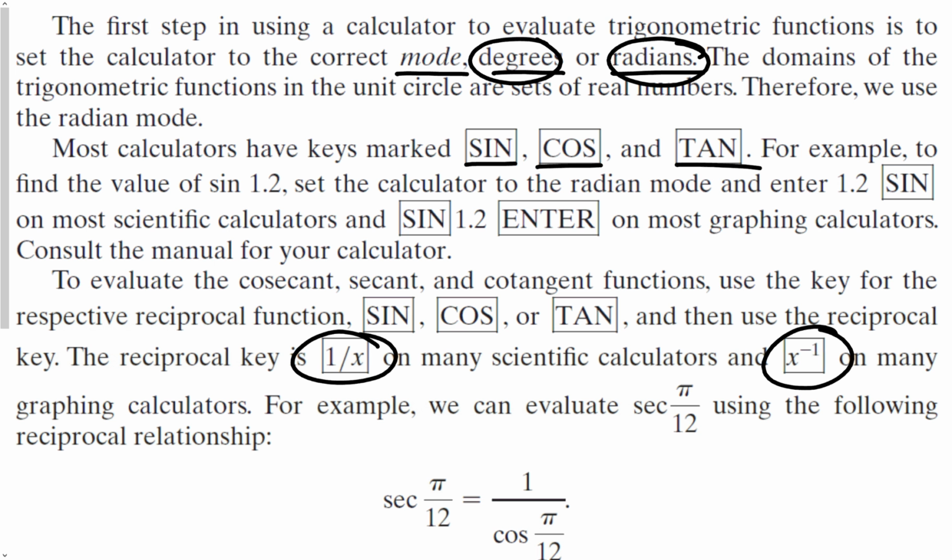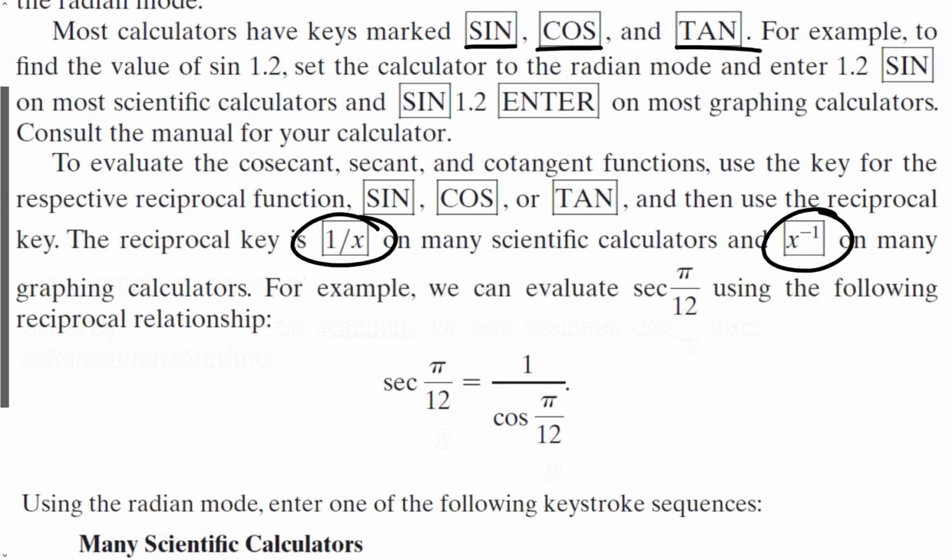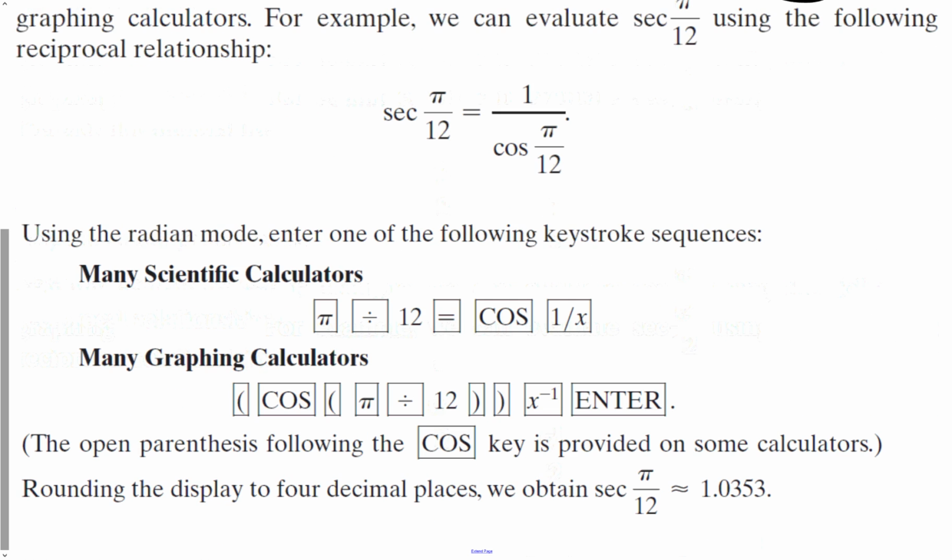So if you want to find the secant of pi over 12, find the cosine of pi over 12 and take the reciprocal. Okay. If you want to find the cosecant of something, take the sine and take the reciprocal. Right. Press this button after you're done. And that'll give you this idea. Just be careful that you're inputting this the right way.